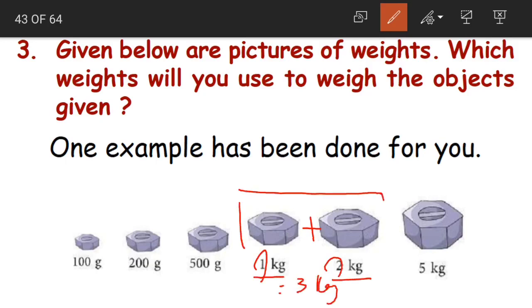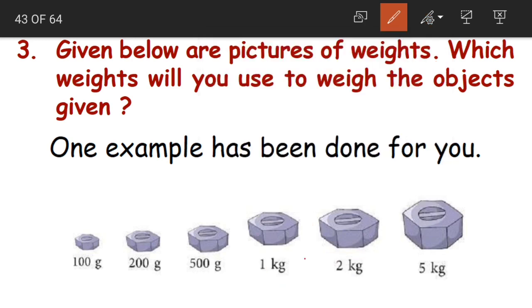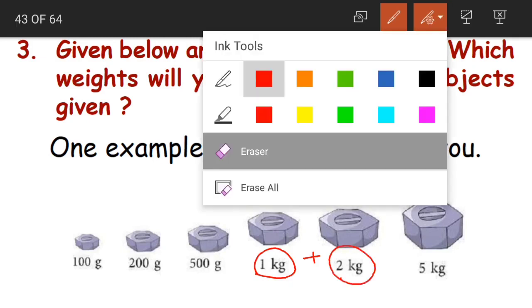So when we place both these 2 kg and 1 kg in one pan and the 3 kg watermelon in the other pan, their weights will be equal. To weigh a 3 kg watermelon, we need 1 kg and 2 kg together.